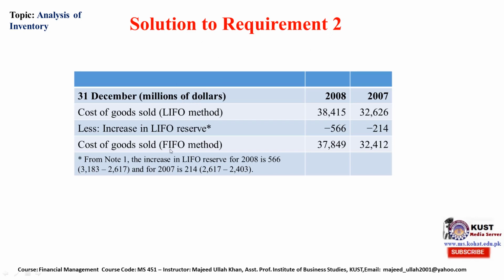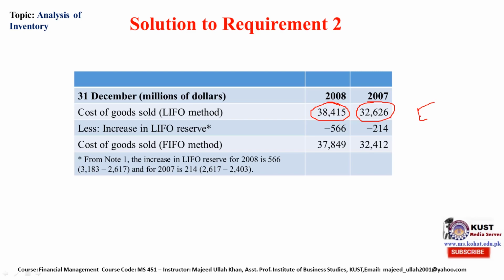What will happen to the cost of goods sold? This is the cost of goods sold which we extracted from exhibit 1. Now, how much increase has happened if we are using the FIFO method?